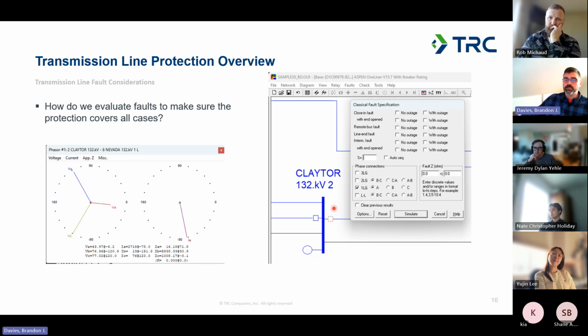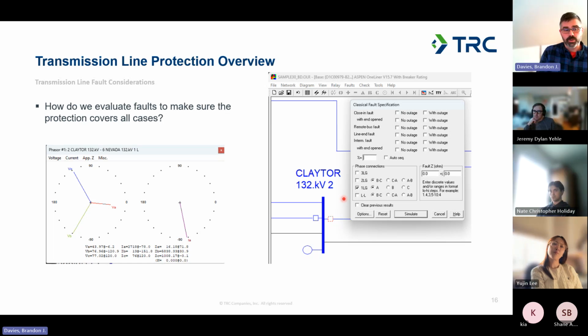We go through and we simulate dozens or hundreds potentially of fault cases and evaluate how the system responds, and then configure our protection with a focus on security, dependability, reliability, and other types of factors that we'll talk about later on to make sure that the protection is covering every one of those scenarios: close-in faults, far-away faults, the different fault types, evolving faults, different source strengths and outage considerations, mutual coupling effects.